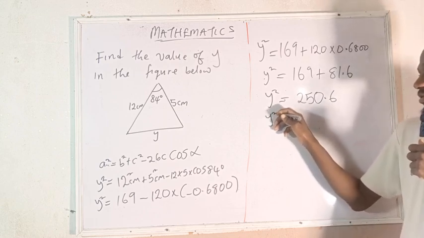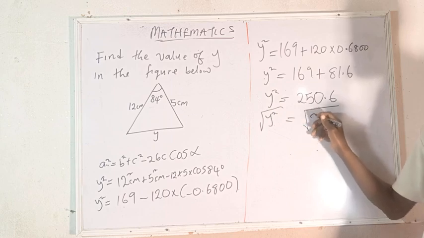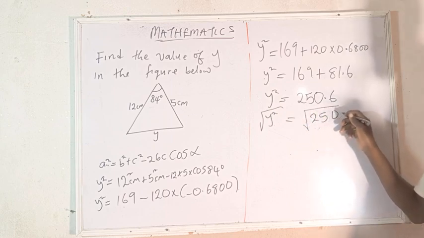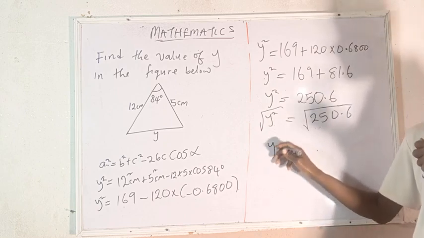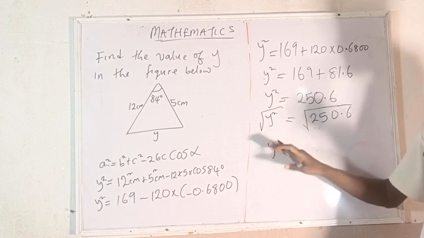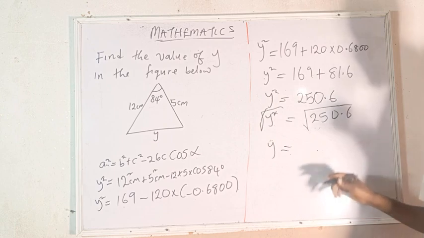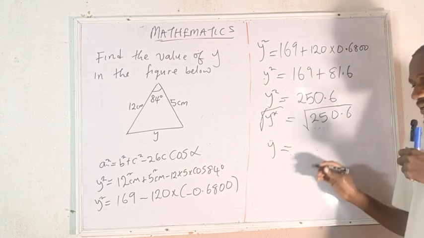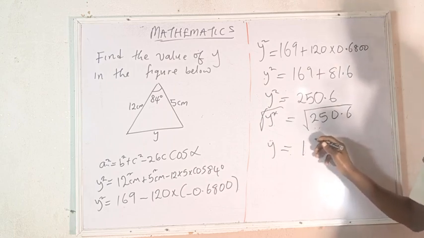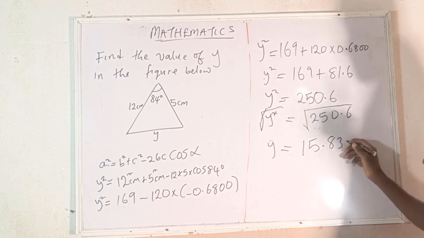The square root cancels the square of y, so y is equal to the square root of 250.6, which is equal to 15.830.